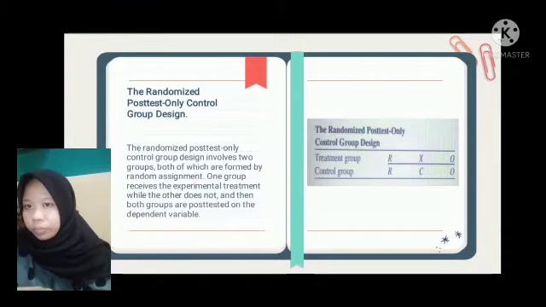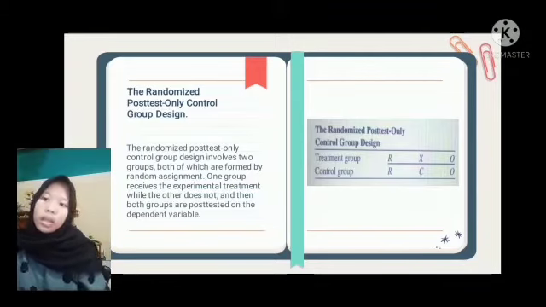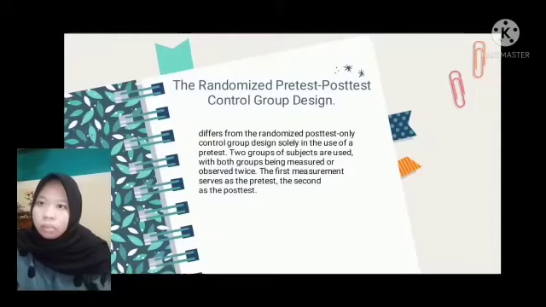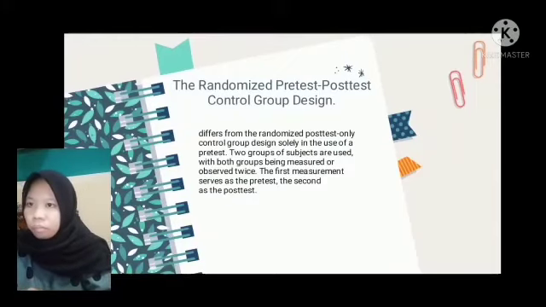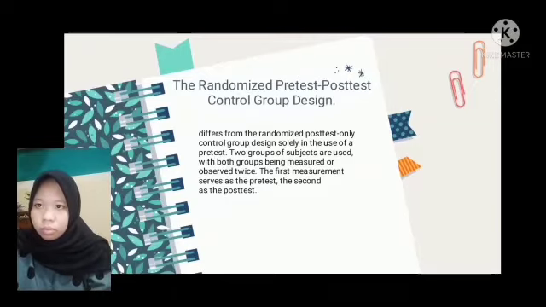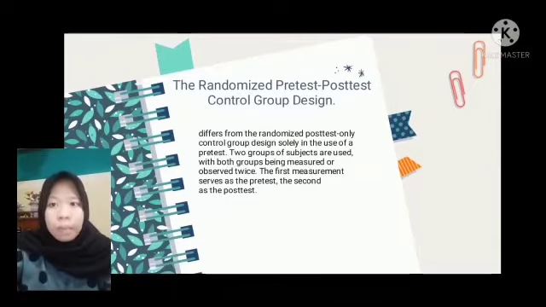So the next one is the randomized pretest-posttest control group design.